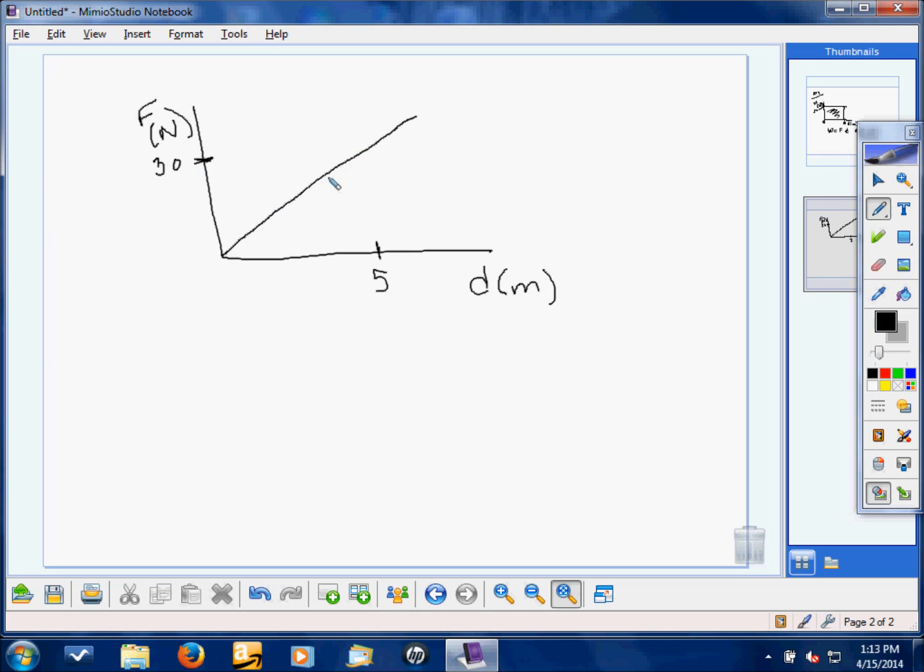But we can still use that strategy that we used before about area under a curve. So what we can do is drop down our imaginary line here, and we're going to look for the area of this triangle to be the work. So the work will be equal to the area under the curve again.